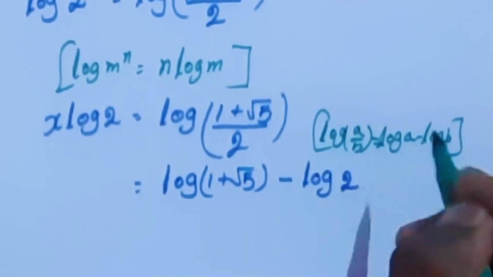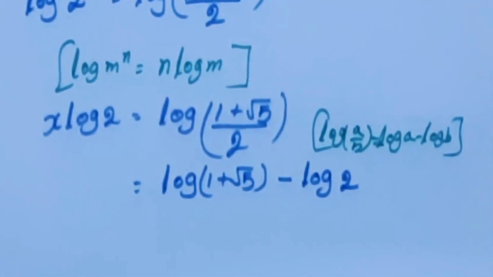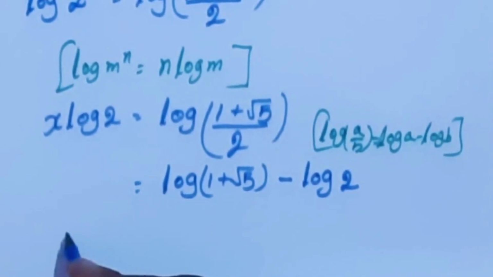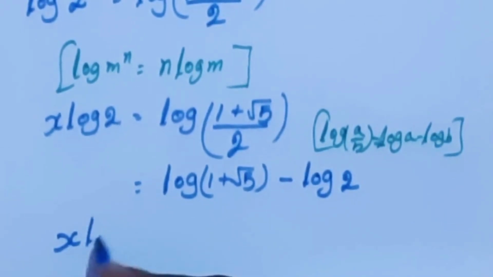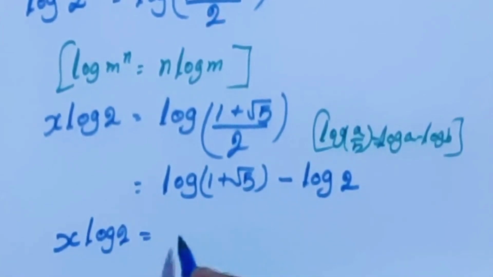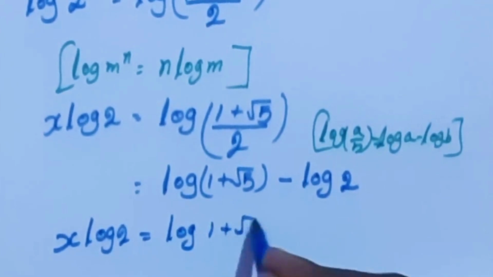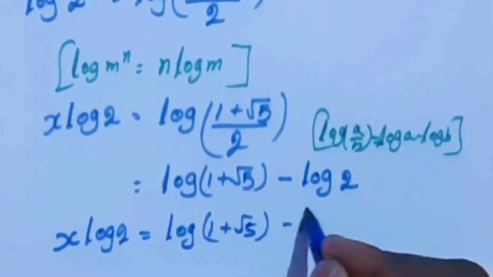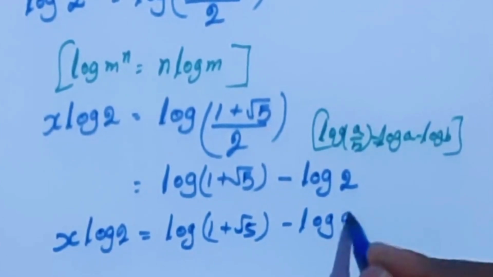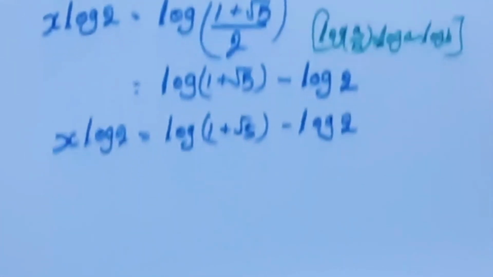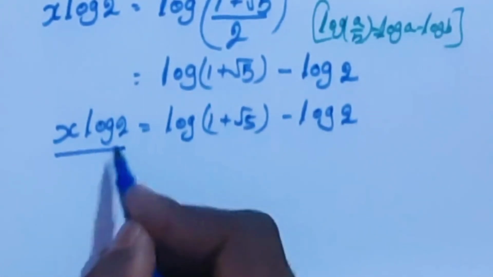So we got this: x log 2 equals log(1 plus square root of 5) minus log 2. Now we are going to divide by log 2 on both sides.